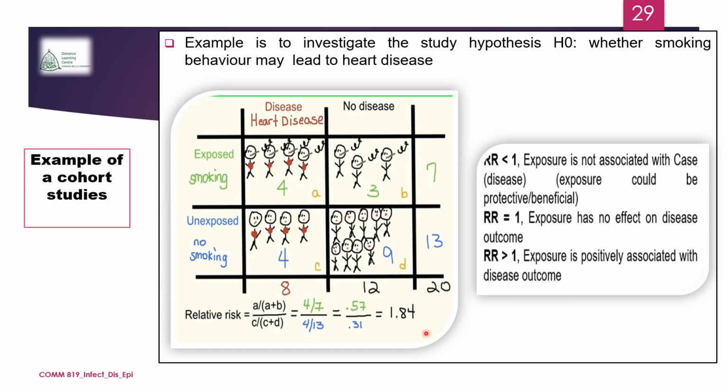The relative risk of developing heart disease is 18 times higher in smokers than non-smokers. So that is the interpretation.